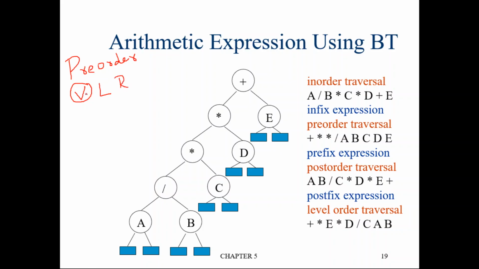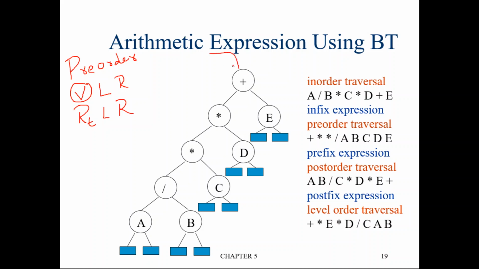Instead of V, for our convenience, let us call it root. First visit the root node, then visit its left child and then visit its right child. That type of traversal is called pre-order traversal.